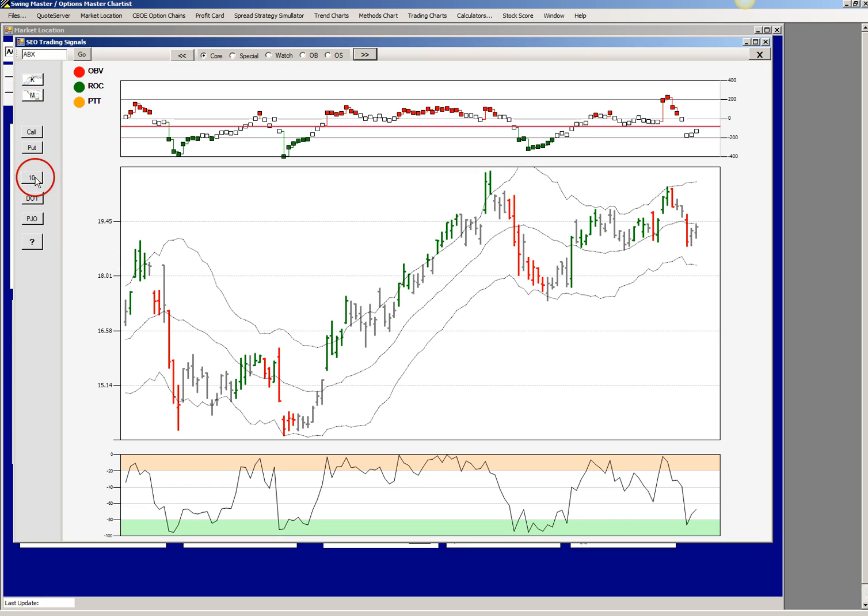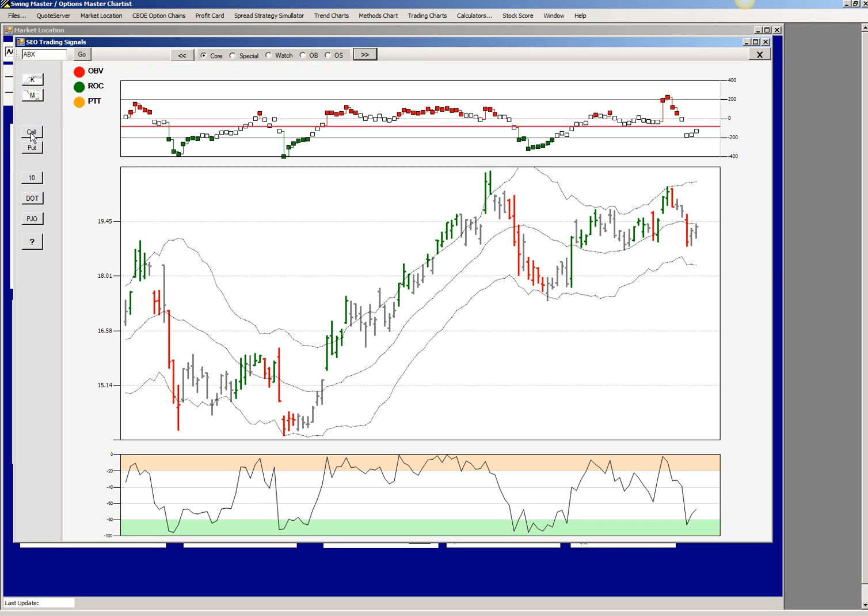Now, what we can do from here is move to 3 other charts. This is the 10-minute chart. The DOT is the red dot trading chart, and the PJO is the projection oscillator chart. You can also evaluate different calls and puts.